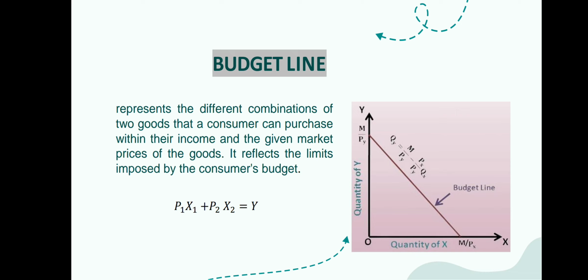Here we can see the graph of budget line. It's a straight line and negative sloped, and if utility is a function of x1 and x2, then the mathematical equation of budget line will be p1 x1 plus p2 x2 is equal to y, which is total budget.